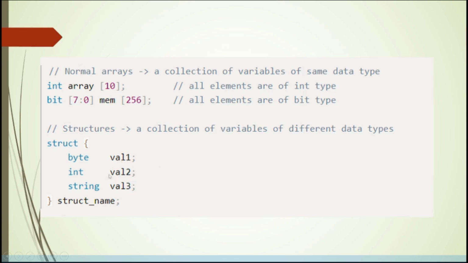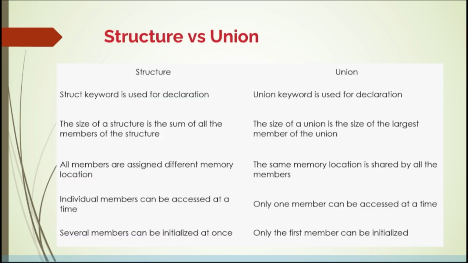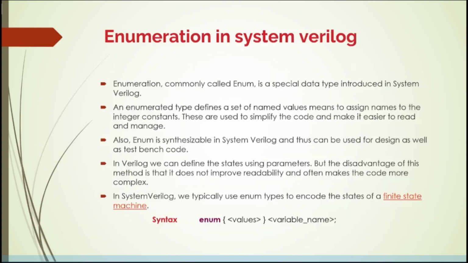This is just like if you are three members and have three bedrooms, then all three of you can use three different bedrooms. But if you are three people and there is only one bedroom, what will you do? You will be sharing. Hope you understood about it. So this is about structure versus union.